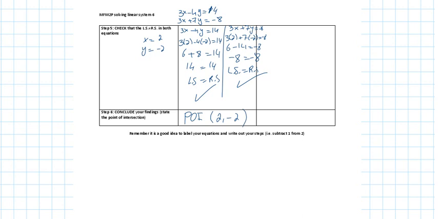Okay? So in this case, I'm looking for one of the letters to have the same coefficient as the other one so I can eliminate it. Yesterday we were looking for the variable that has a 1 in front of it so we can isolate for it. You remember that from yesterday? Today we're looking for the letter that has a common coefficient.